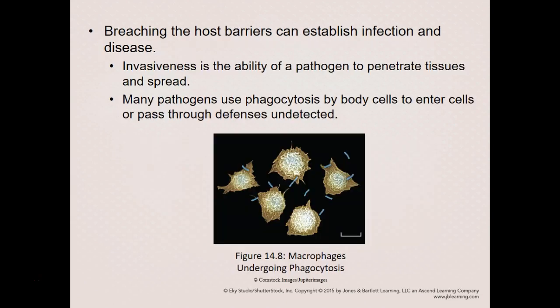And once they attach, they then can trick our cells oftentimes into allowing entry. And so this is one mechanism to get into the body from like the digestive tract: they trick our macrophages into taking them in via phagocytosis.